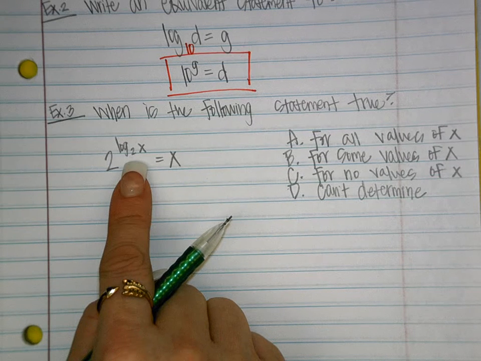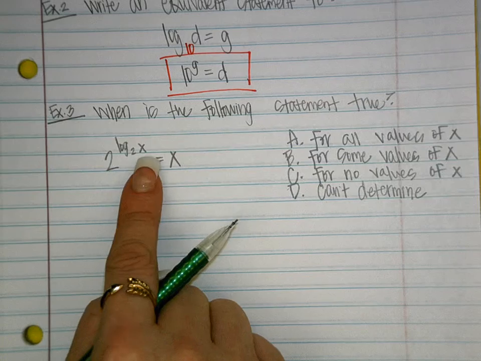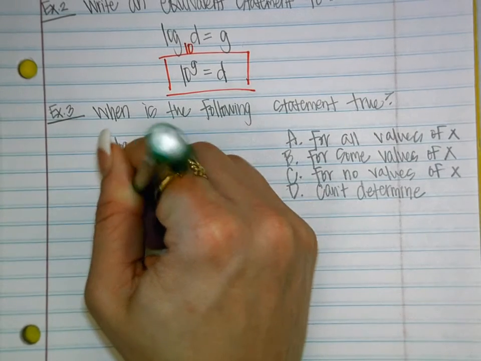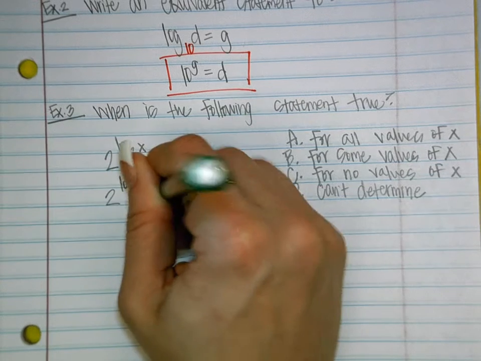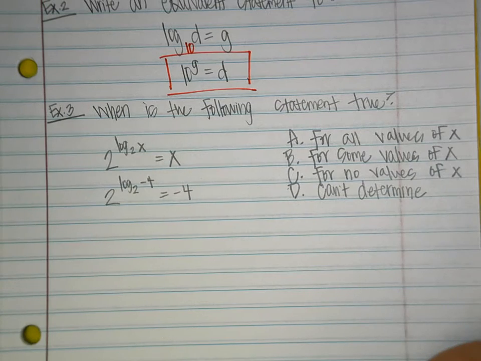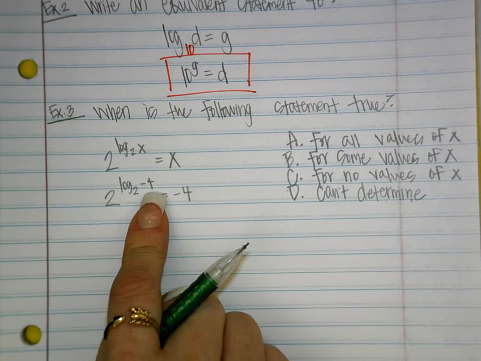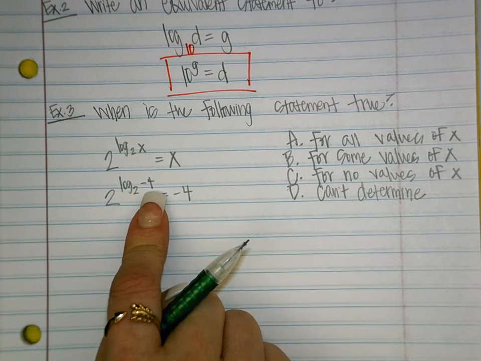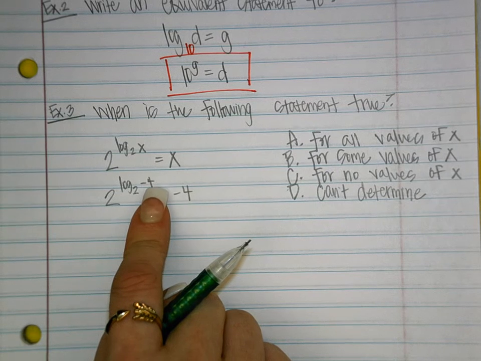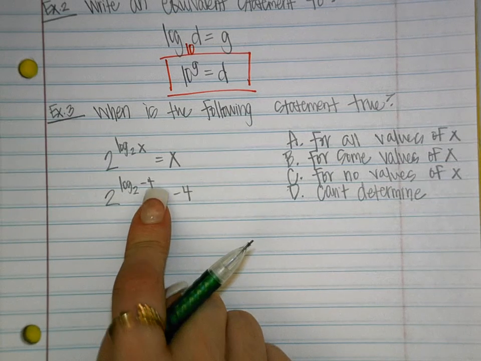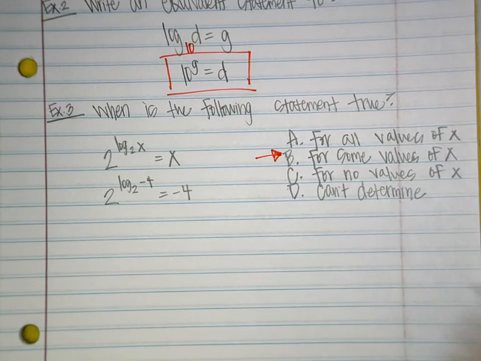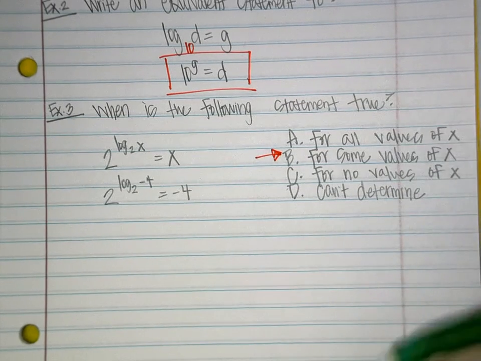Would a log base 2 of -4 equal -4? No. You can't do that. Logs are allergic to negatives. So this would not ever work if it was a negative, a 0, or a 1. So this one is only true for some values of x.